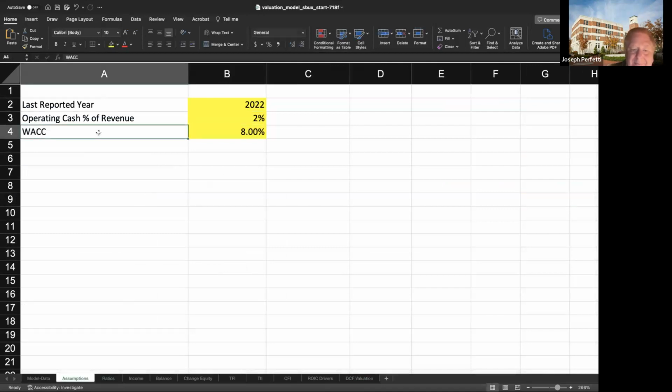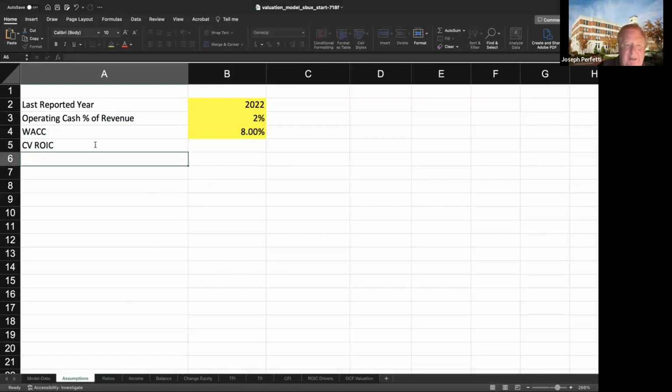There's the WACC, which means I need a continuing value ROIC, I need a continuing value G, and what's the 4th one? ROIC, G, WACC.